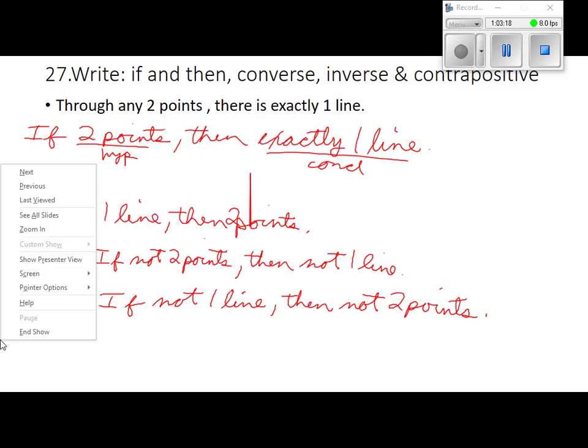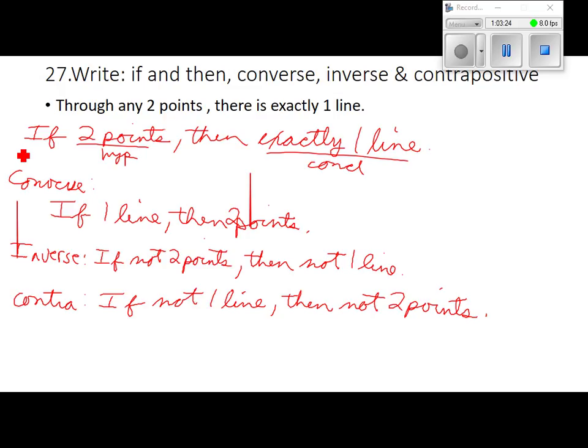Get all that, Michael? It also says we're supposed to state whether it's true or false. The original statement: you got 2 points, you got exactly one line. Is that true or false? True. If you have one line, then you have 2 points. True or false? True.